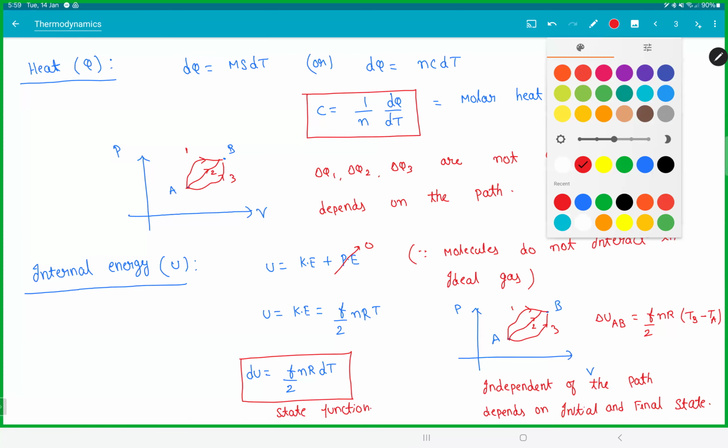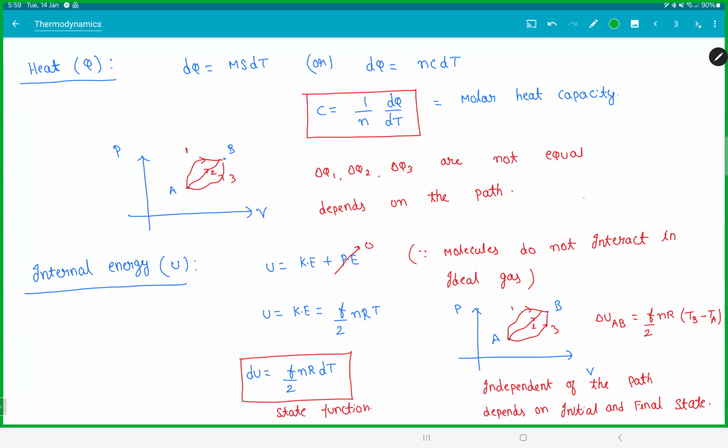Can you tell me some other quantity which you know which depends only on initial and final state? Till now, whatever we studied in physics, can you tell some quantity which depends only on the initial and final state? Pressure, gravitational potential energy. If you take a block from here to this height, does it matter how you go from here to here?